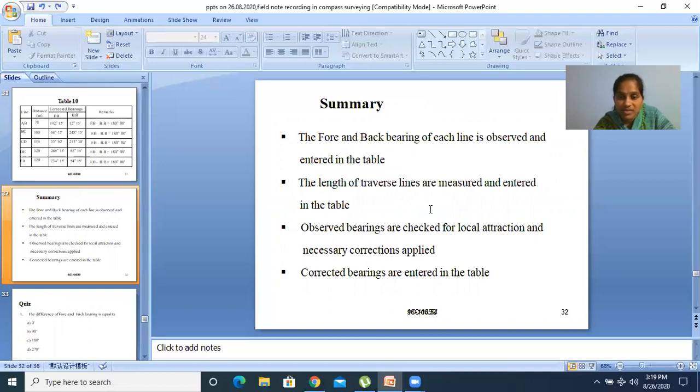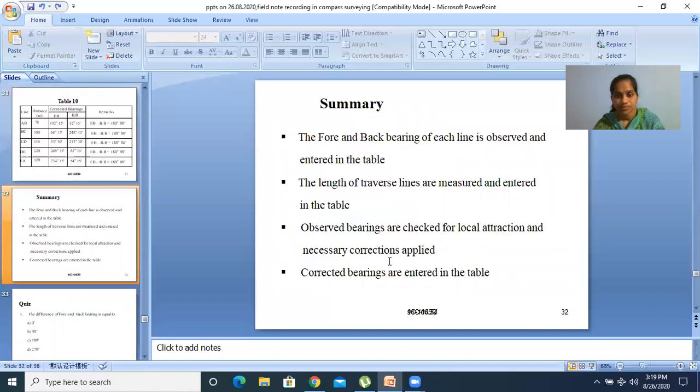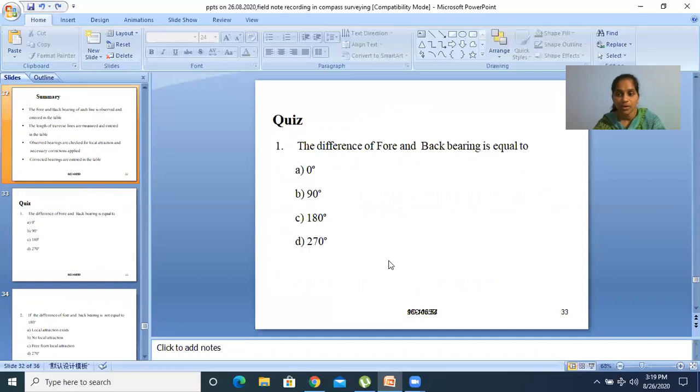The length of traverse lines are measured and entered in the table. Observed bearings are checked for local attraction and necessary corrections applied. Corrected bearings are entered in the table. These are all corrected bearings. So likewise, we have to do the field notes.